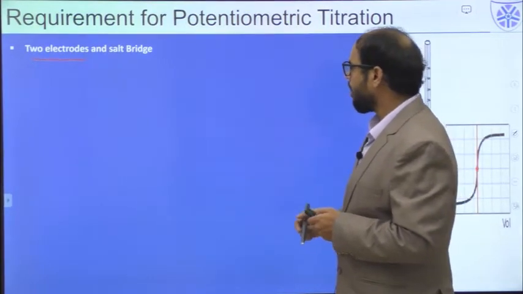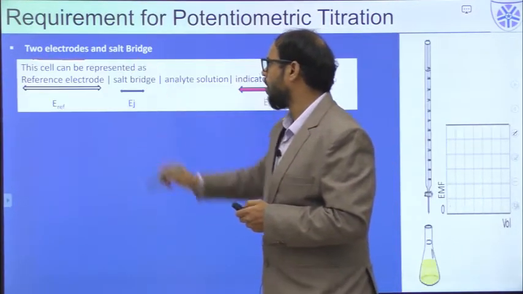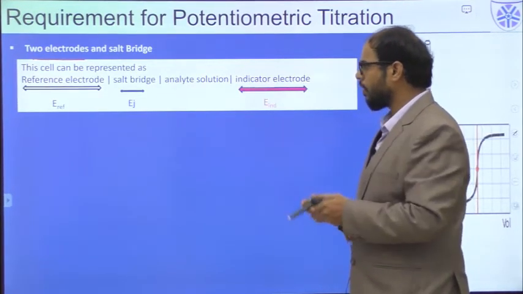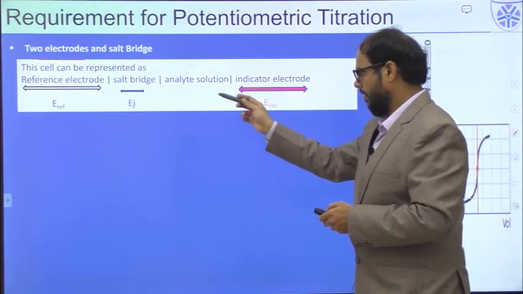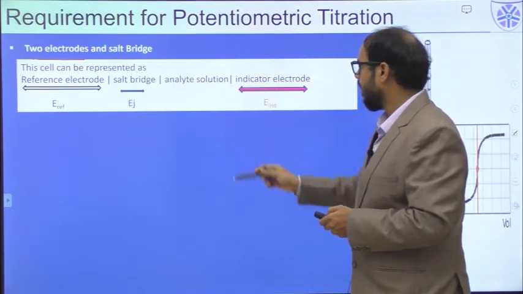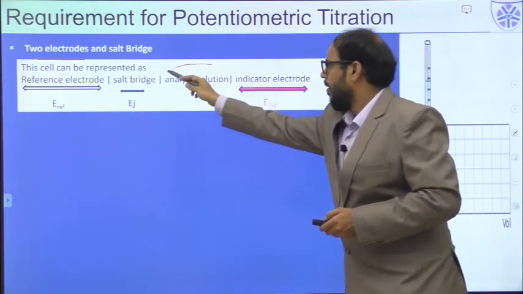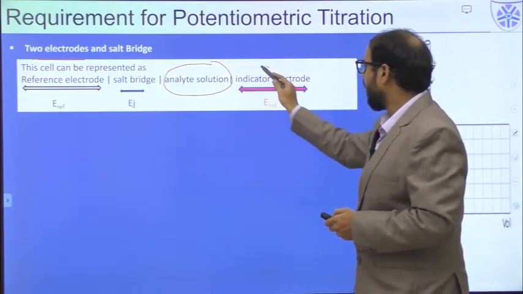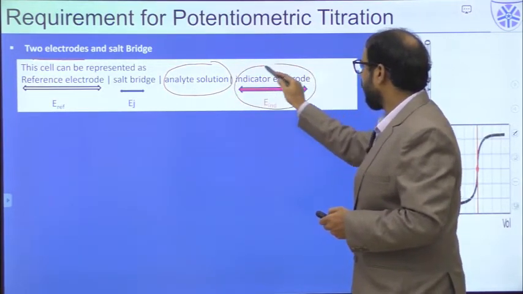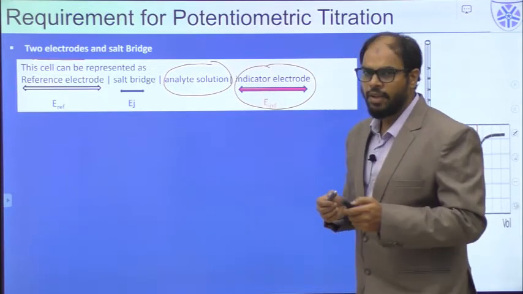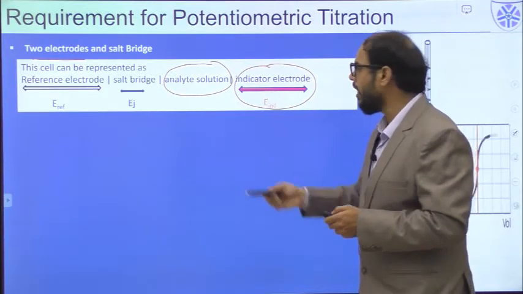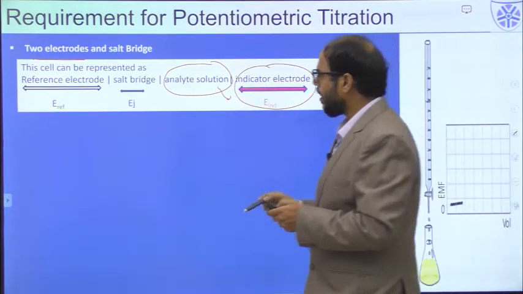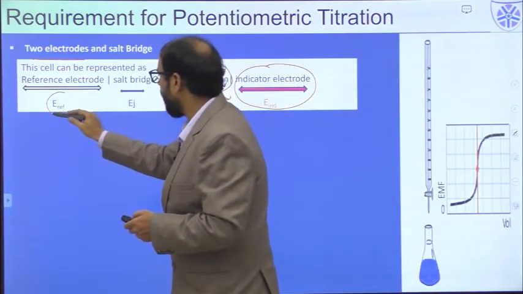Apart from this, we also require a salt bridge, and this cell representation can be given as a reference electrode connected to a salt bridge, and we have an analyte solution whose concentration is to be determined, and there is an indicator electrode whose potential varies as the concentration of the analyte solution varies. We should note that the reference electrode potential is fixed.